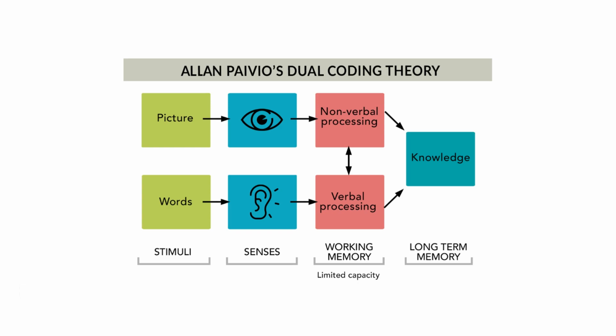What is the dual coding theory based on? It's based on Allan Paivio's research regarding the dual channel theory and use of pictures, which is a visually driven stimulus, and words, an auditory driven stimulus, in order to then bring these two channels to bear when we present material.